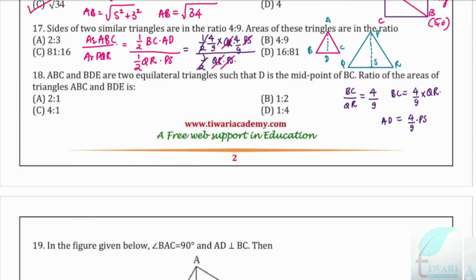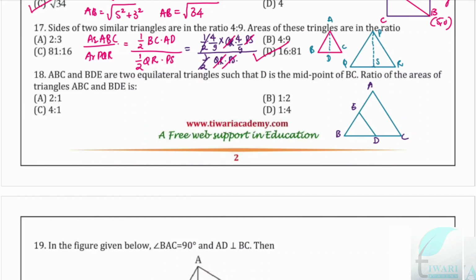PS and PS also will get cancelled. The remaining term we get is area of triangle ABC divided by area of triangle PQR will be in the ratio 4 by 9 into 4 by 9, that is equal to 16 by 81. So the ratio is 16 by 81, that is option number D.